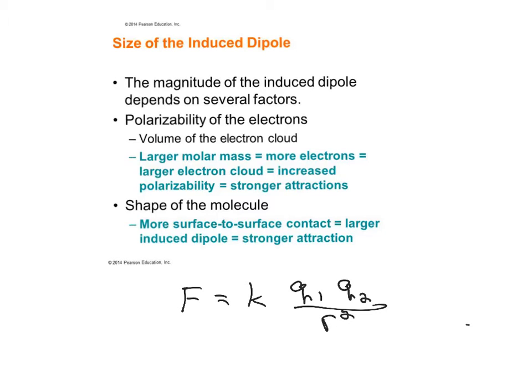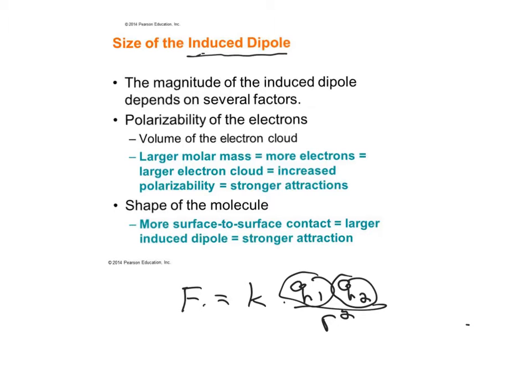You can increase the force of the attraction if your charges are bigger. So let's think about how you can compare different, say, non-polar molecules that have different induced dipoles and determine which ones would have the bigger force of attraction.